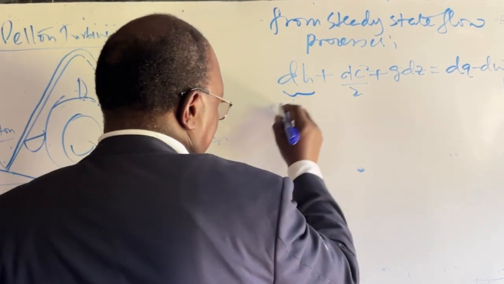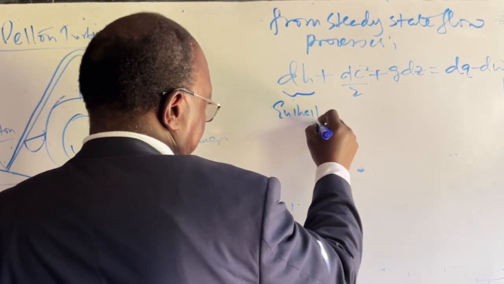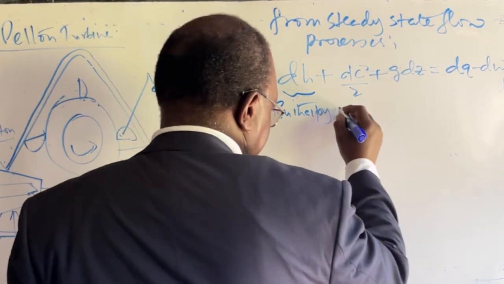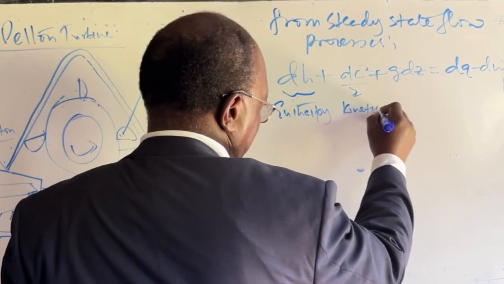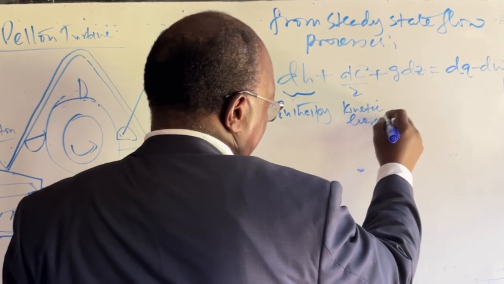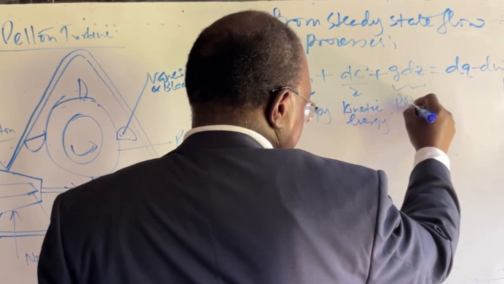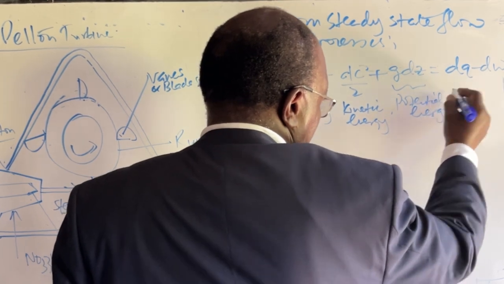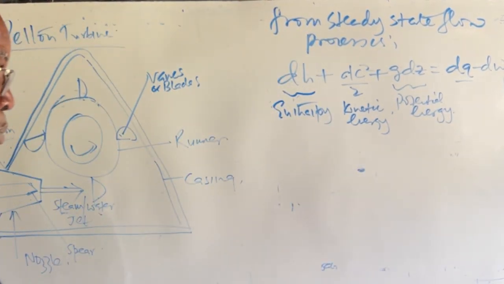This first term deals with enthalpy. Take note, the second term deals with kinetic energy, and the third term deals with potential energy. And dQ and dW are the usual meanings.